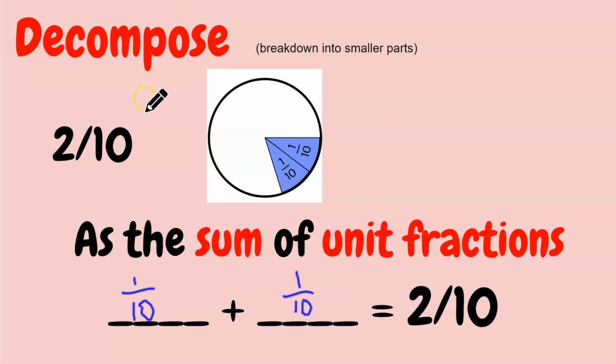I have decomposed, I have broken down my 2/10 into smaller parts. My smaller parts are unit fractions. I'm showing this equation, 1/10 plus 1/10 equals 2/10. That is showing the sum, because I'm adding, of my unit fractions.